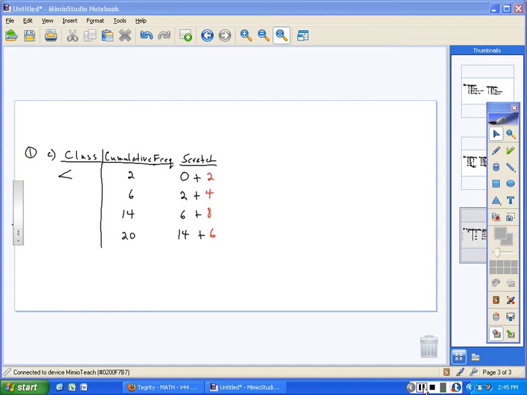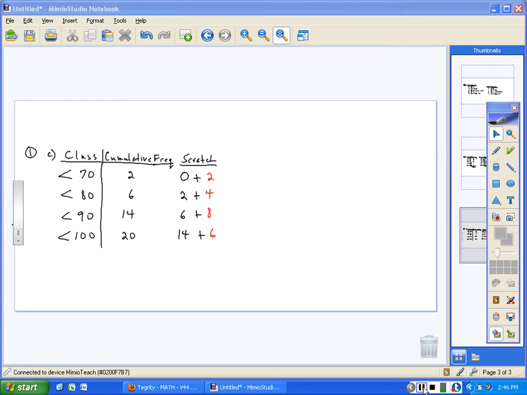They could be, as high as 69. But what we know for sure is those first 2 numbers are definitely less than 70. And the first 6 numbers are definitely less than 80, and then less than 90, and then all 20 numbers are less than 100.